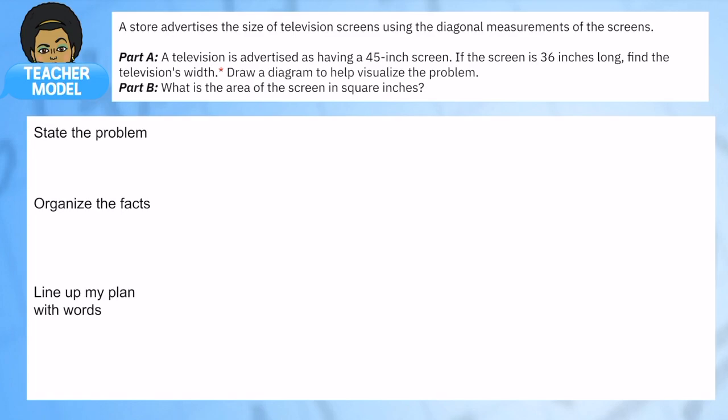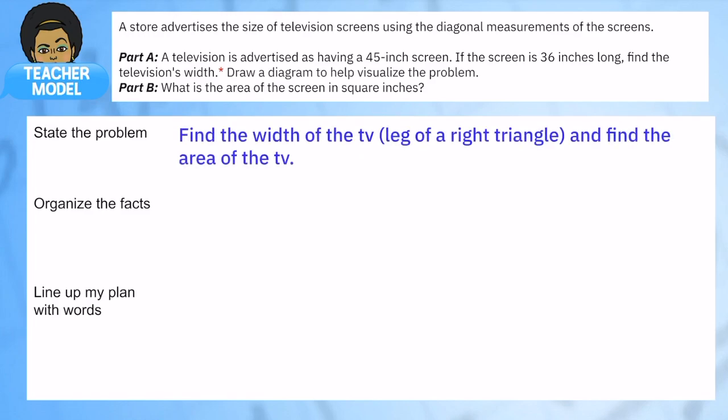Okay, math marbles, what are we doing in this problem? First, they're asking us to find the width of the TV. That's the leg of the right triangle, the side. Once we know that, we're going to figure out the area, because now we'll have a length and width. We know the diagonal of the TV is 45. Of course, we don't use the diagonal for area, but it helps us find the other dimension.